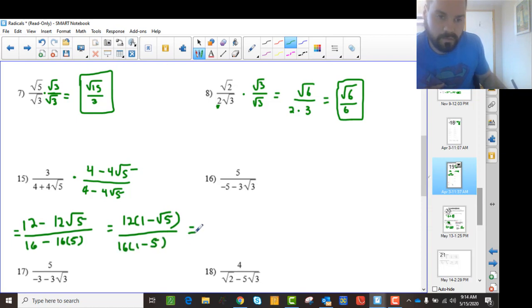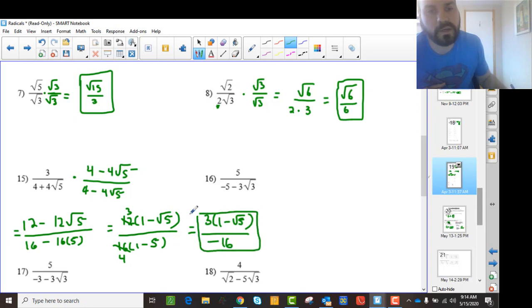You might be saying, why are you doing that? Well, 12 over 16 reduces to 3 over 4. And then this becomes minus 4. So you end up with 3 times 1 minus root 5, and then all divided by 4 times minus 4, which is minus 16. So there's my answer. Okay, that's my multiplication by the conjugate.